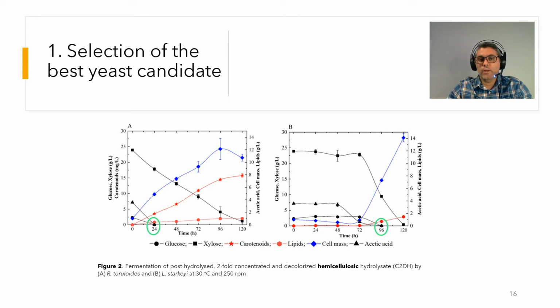Furthermore, a long lag phase, 72 hours, was observed during the growth of Lipomyces starkeyi. A final comparison of the two strains revealed that, despite a sluggish onset of fermentation, cell mass and lipid productivity for Lipomyces were in general higher than those obtained by Rhodosporidium at the end of the experiment.